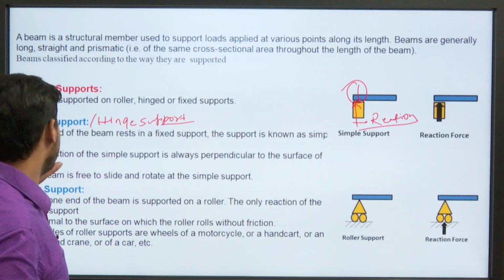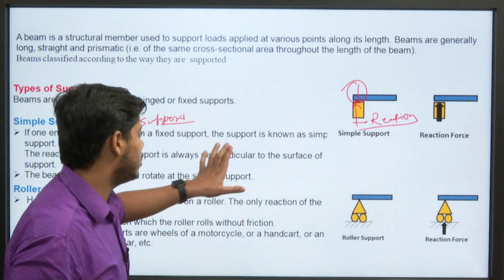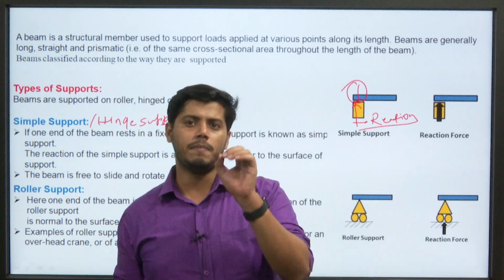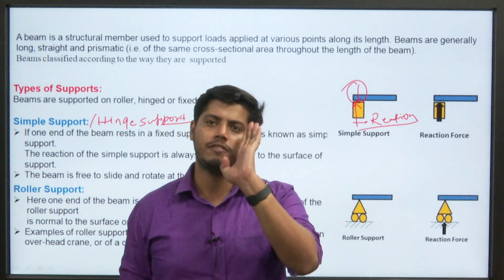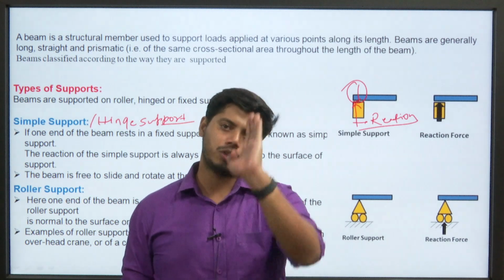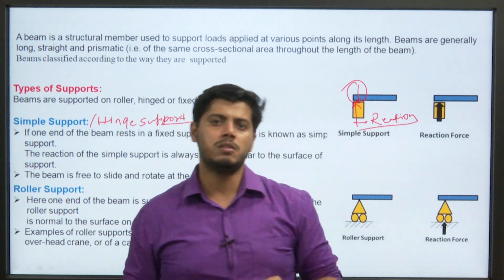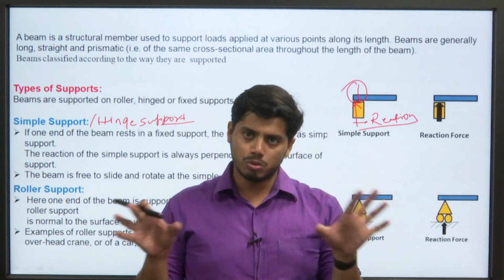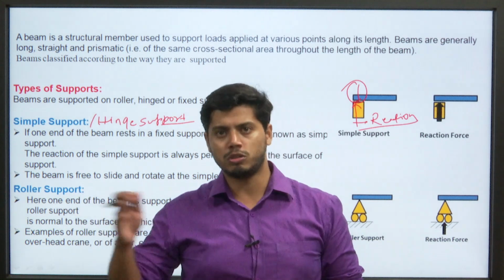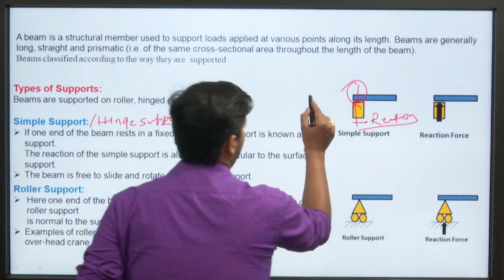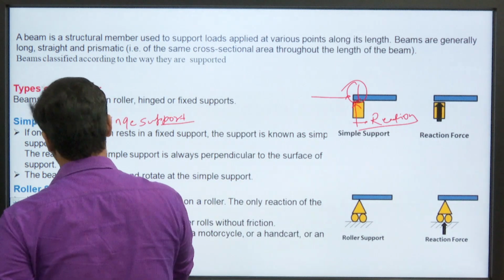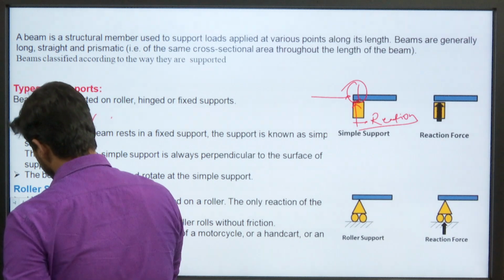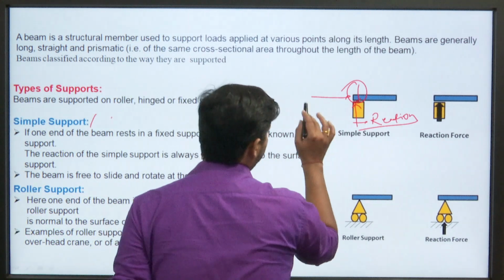So what is simple support? If one end of the beam rests on a fixed support, the support is known as simple support. The reaction of a simple support is always perpendicular to the surface of the support. The beam is free to slide and rotate at a simple support. Beam is free to slide means that there is no restriction along the horizontal.